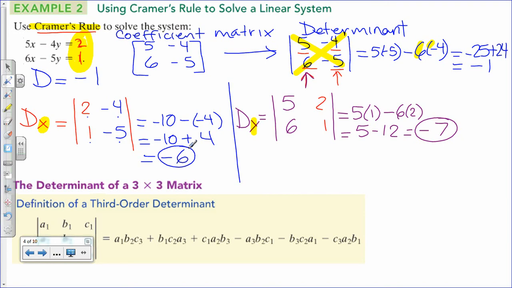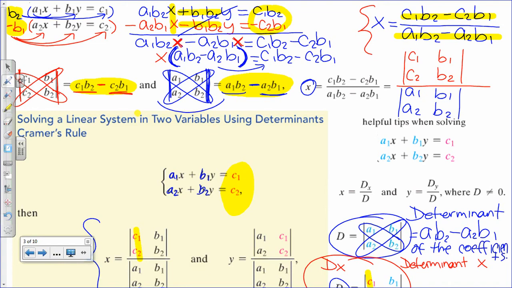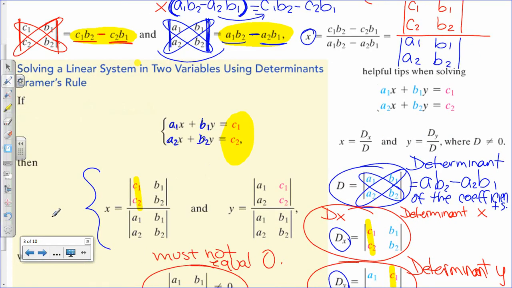One thing I probably forgot to mention is that to find the solution for x, we divide the determinant of x by the determinant of the coefficients. And to find y, we divide the determinant of y by the determinant of the coefficients.